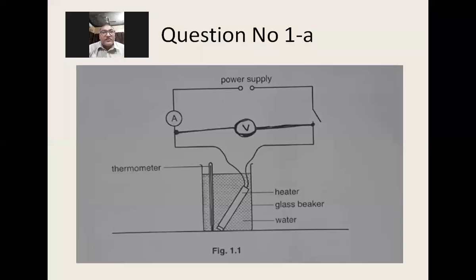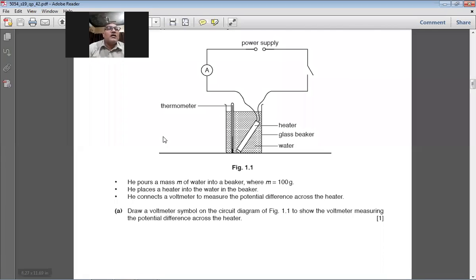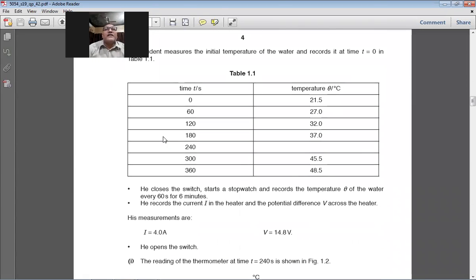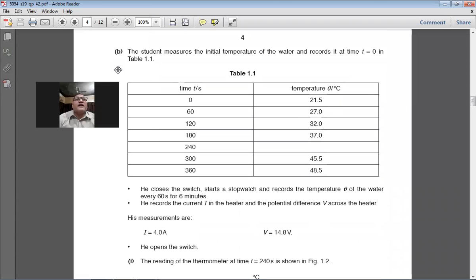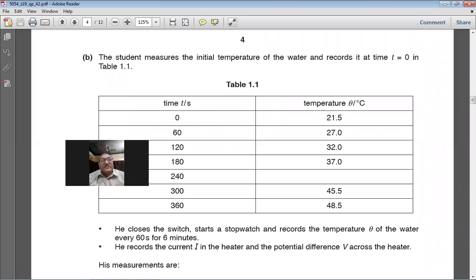So the next question is, then he says, the student measures the initial temperature of the water and he records it at time t equals to 0 in the table 1.1. So you can see here we have a table.